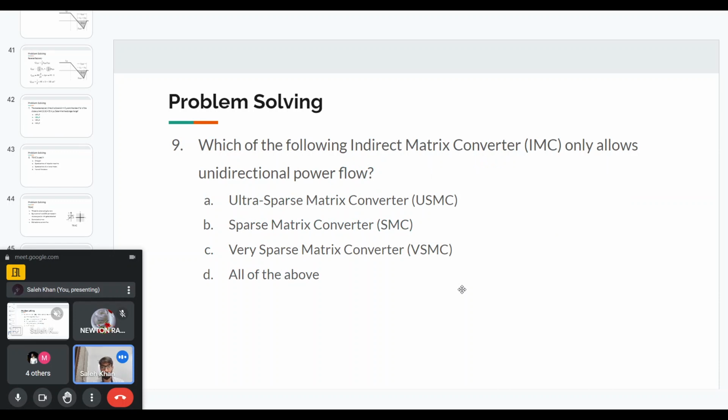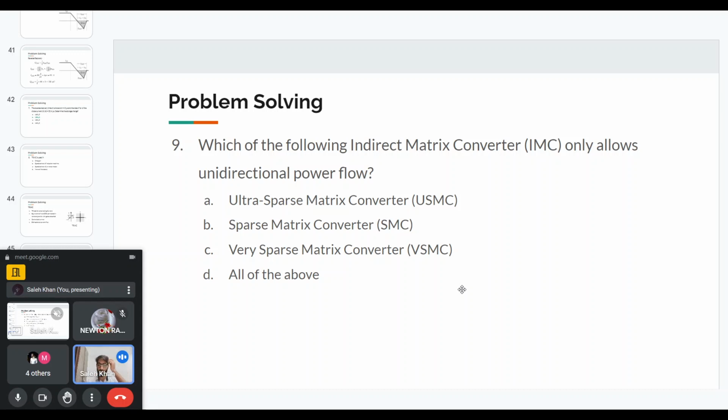So the ninth question is about indirect matrix converters, and which of these different types of indirect matrix converters allows only unidirectional power flow. The options are ultra sparse, sparse, or very sparse, or it can be all of the above. So can anybody answer this question?